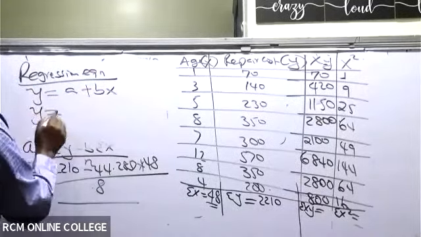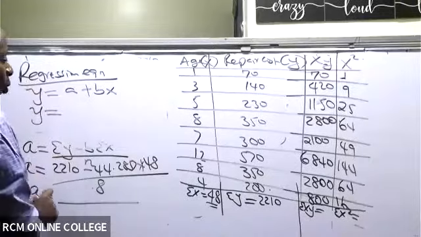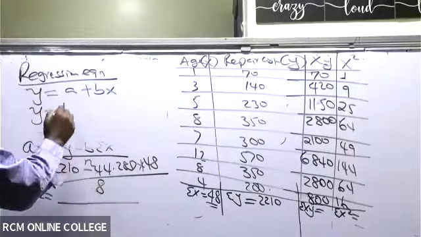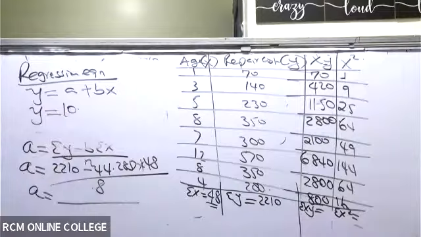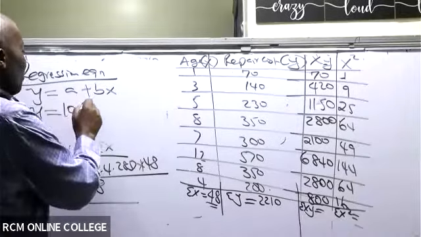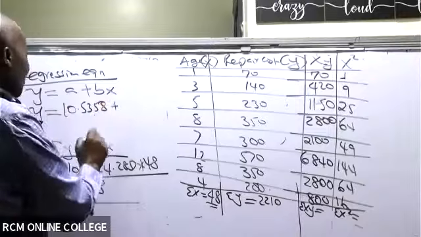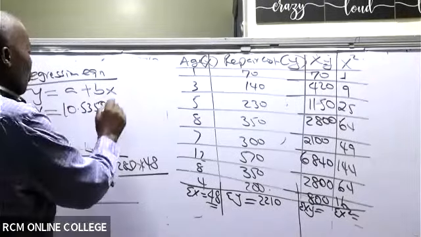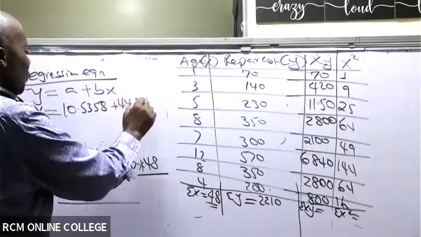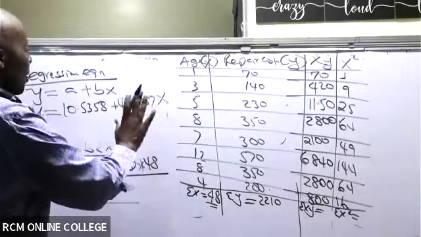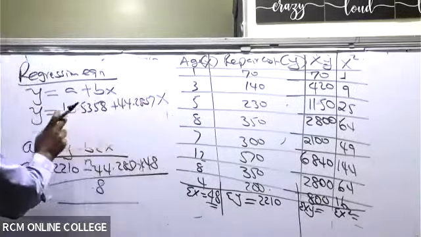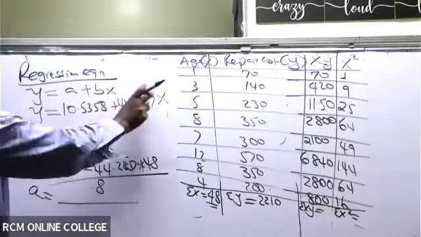So my Y will be equal to A that we got here, which I remember was 10 point something, 10.5358, plus B, which is 44.2857 X. Remember, the regression equation gives us the connection between the dependent variable and the independent variable.